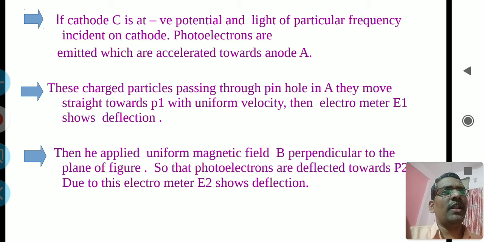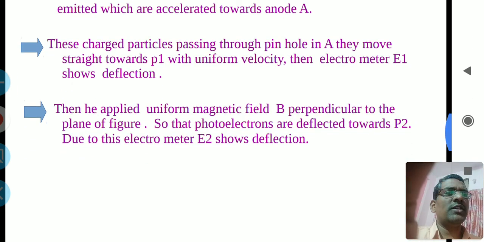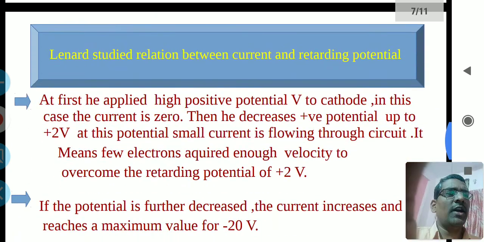Then electrometer E1 shows the deflection. Then if we apply a uniform magnetic field B perpendicular to the plane of the figure, the electrons are deflected towards P2. Due to this, electrometer E2 shows the deflection.